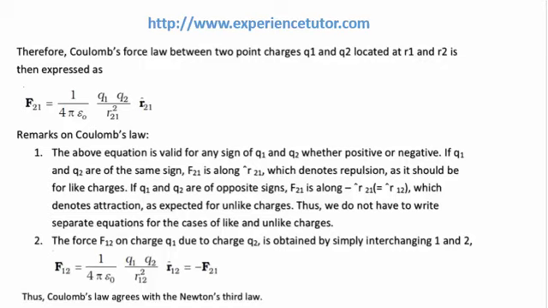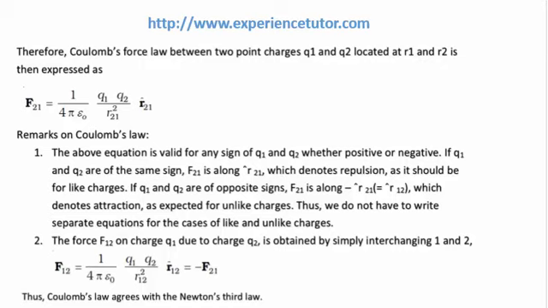Remarks on Coulomb's law. The above equation is valid for any sign of Q1 and Q2, whether positive or negative. If Q1 and Q2 are of the same sign, F21 is along r21 cap, which denotes repulsion as it should be for like charges.